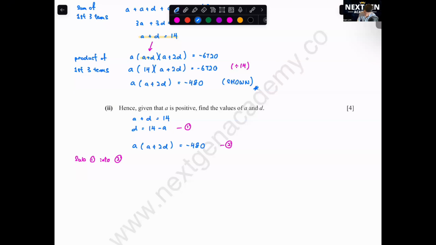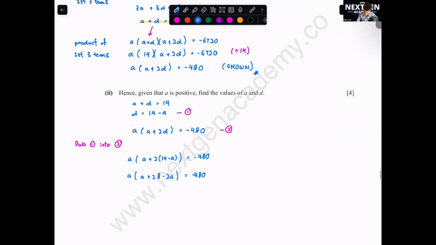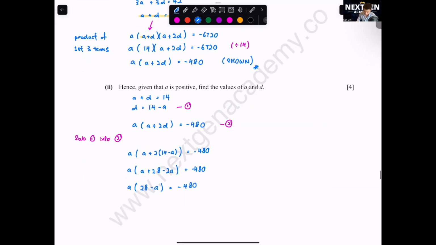So I replace the D. A bracket A plus 2 times 14 minus A equals -480. A bracket A plus 28 minus 2A equals -480. A bracket 28 minus A equals -480. Open up the bracket. 28A minus A squared equals -480.